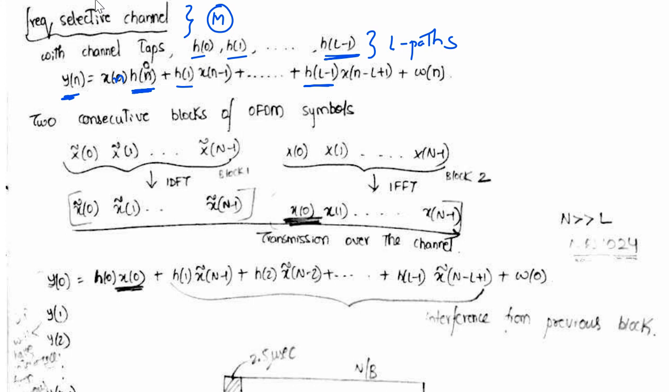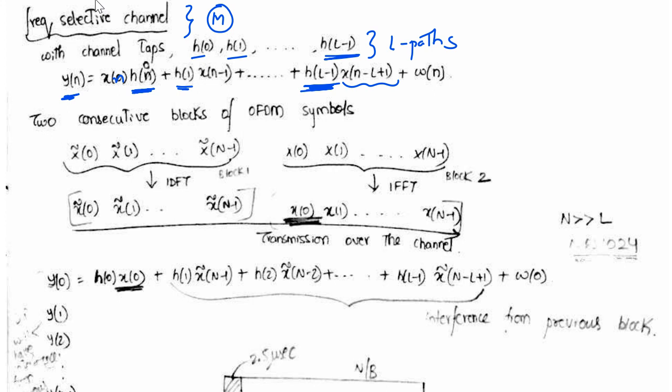Then on h of 1 we will receive the previous sample, x of n minus 1. On similar lines, in the Lth path, you will get x of n minus L plus 1.